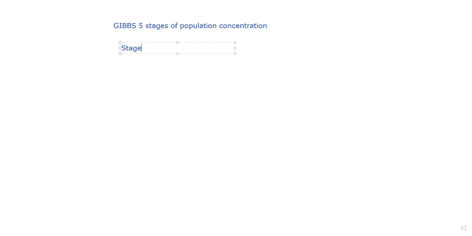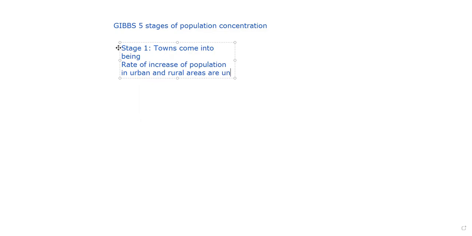Okay, so stage one: towns come into being, and the rates of increase of population in urban and rural areas are unequal, more rural, less urban. Okay, this is stage one.